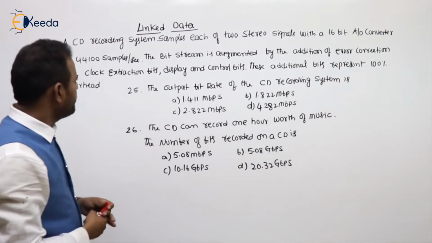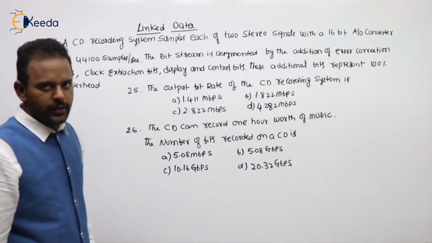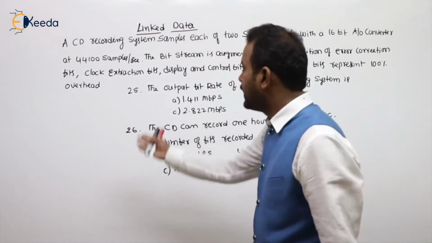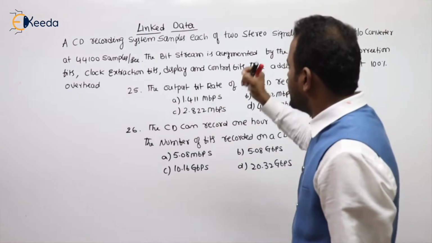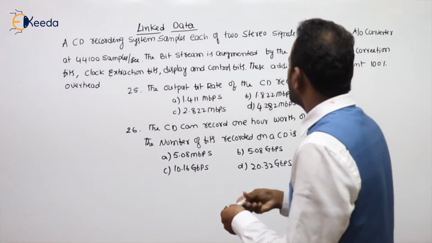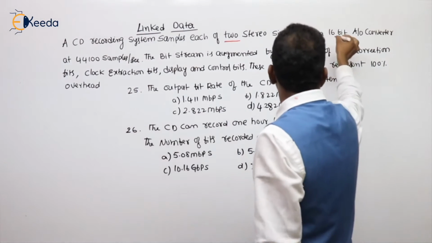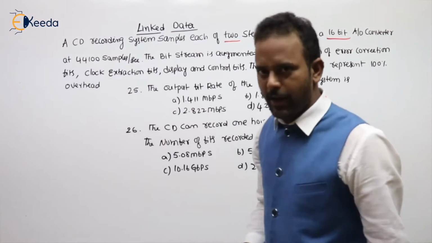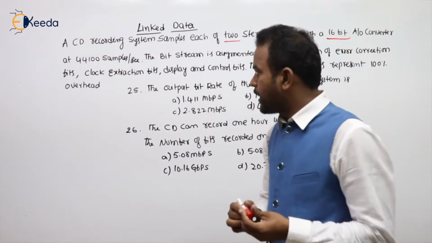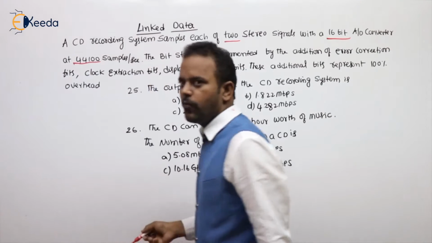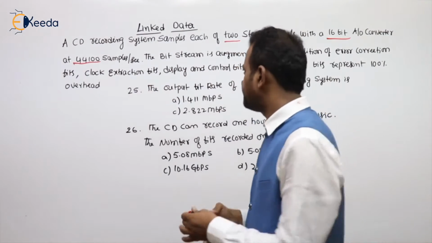See the problem. It is a linked data question, a problem on TDM. What is the linked data? Read it. A CD recording system samples each of two stereo signals, two signals, with a 16-bit A to D converter at 44,100 samples per second.